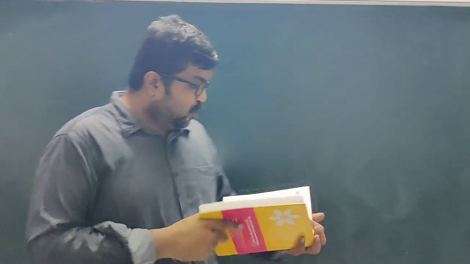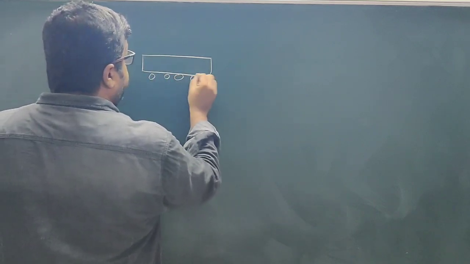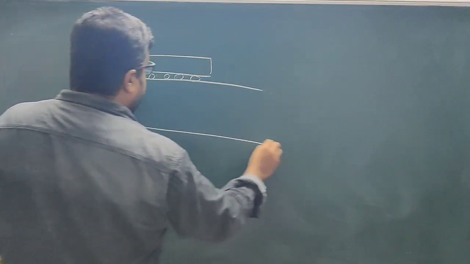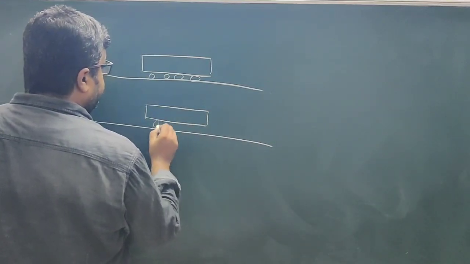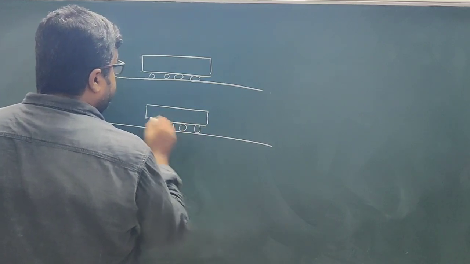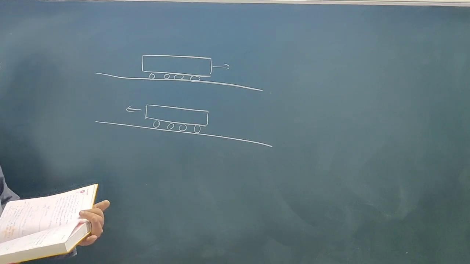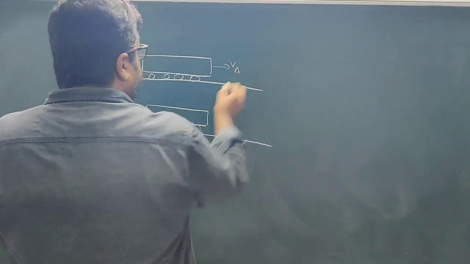Suppose this is one train, going on this track. This is another parallel track, and here we have another train going in the opposite direction. The trains are going in opposite directions.